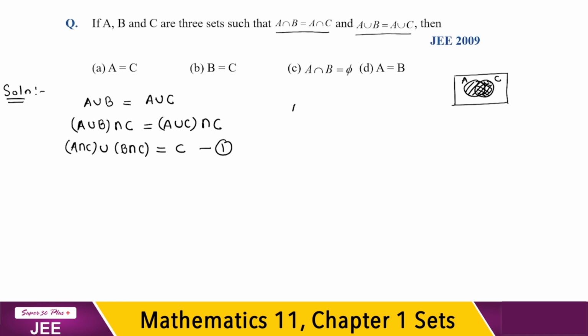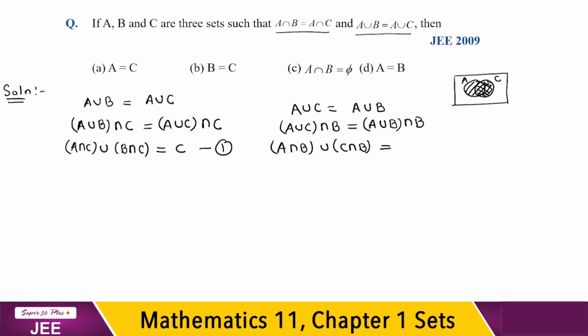Now I am rewriting the same, A union C equals A union B, and now I am applying intersection to both the sides, but intersection with B. So again in LHS, according to the distributive property, we can write A intersection B union C intersection B, which is equal to, in RHS again from the Venn diagram, A union B intersection B will give us set B itself.